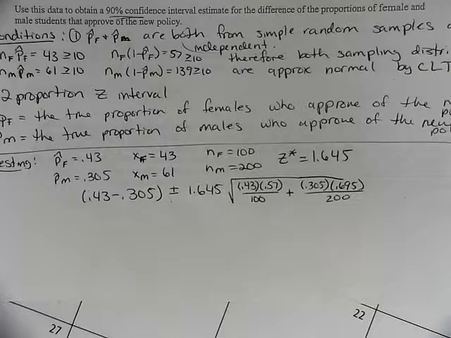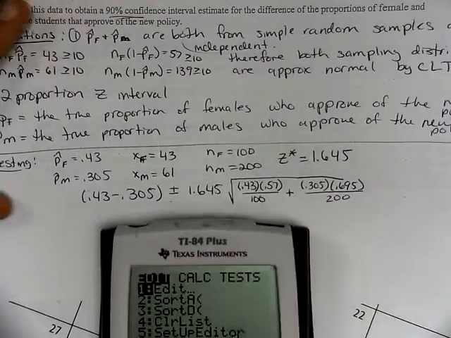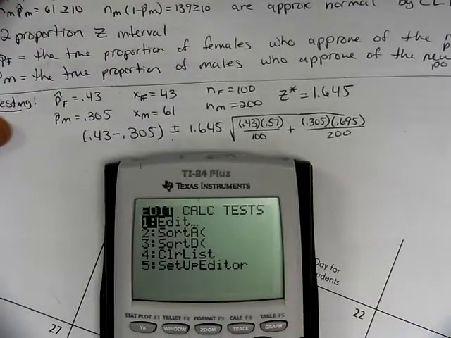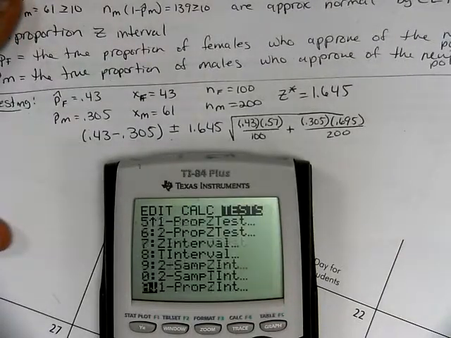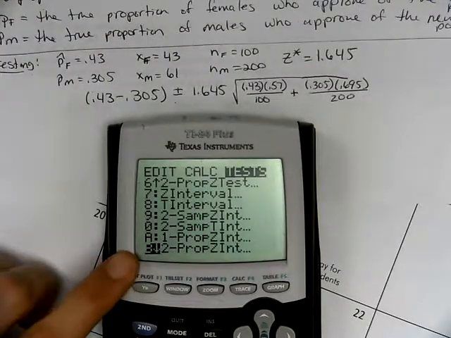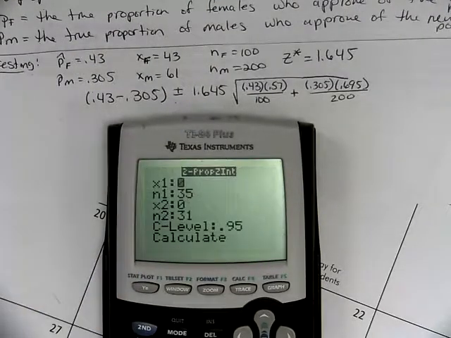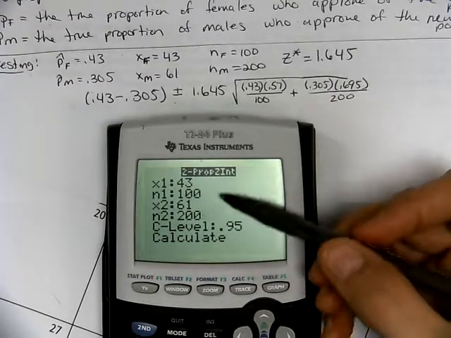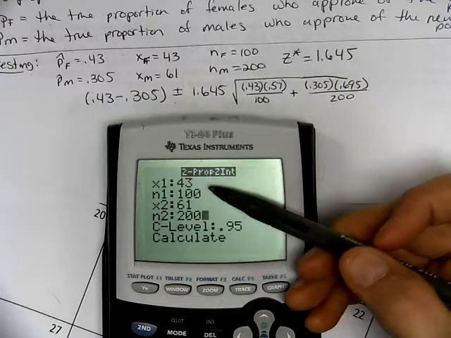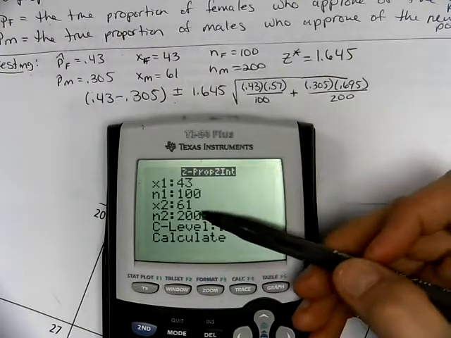Now I'm going to plug it into the calculator. So remember, go over to test. We're in test B, 2-PropZInt. So x1 was 43, n1 was 100, x2 is 61 out of 200. And remember, when you do these on the homework tonight, you can't put a decimal in for x1 or x2.